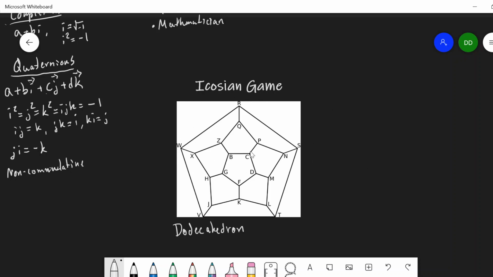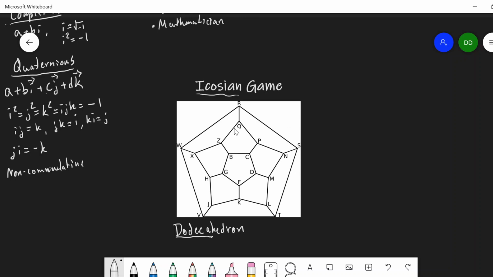Right, 1, 2, 3, 4, 5, 6, 7, 8, 9, 10, 11, and then the outside face, 12. Once you move this to three dimensions, this outside 5-cycle becomes a face. Dodeca, that's 12, and so there are 12 faces to this thing. There are 20 vertices on it, hence the Icosian game. That's Greek for 20.